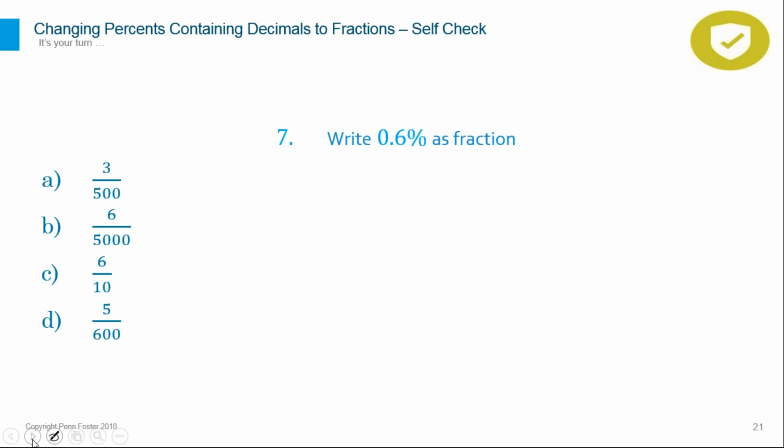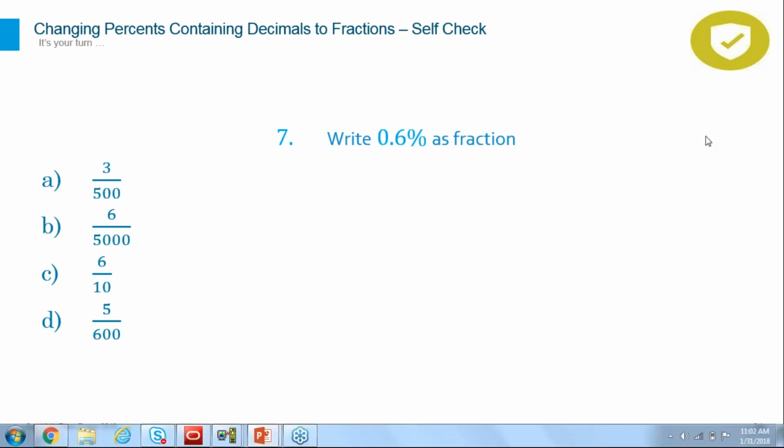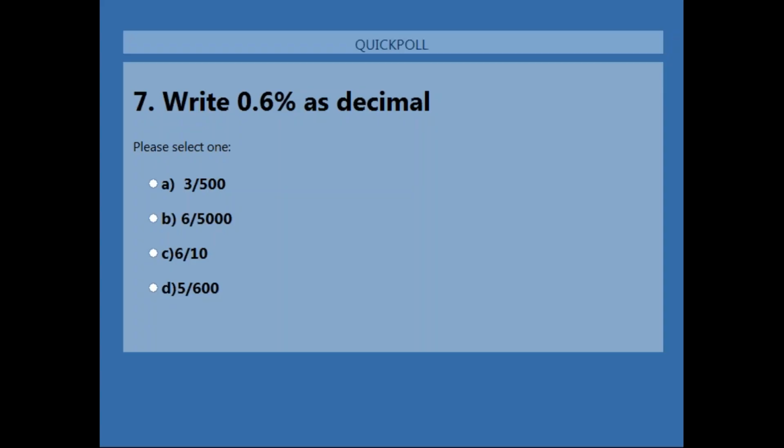Same thing, write 0.6% as a fraction. What should we do? Remember, our end goal is a fraction, but we are starting out with a decimal. So I need to change that 0.6 to a fraction and then divide over 100 to get rid of the percent sign and then simplify. I'm going to put up the question and you can have your time to figure out the answer. Here you go.